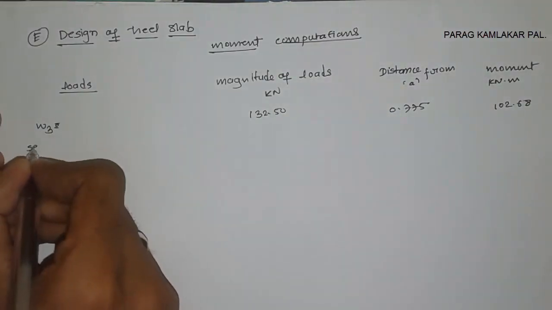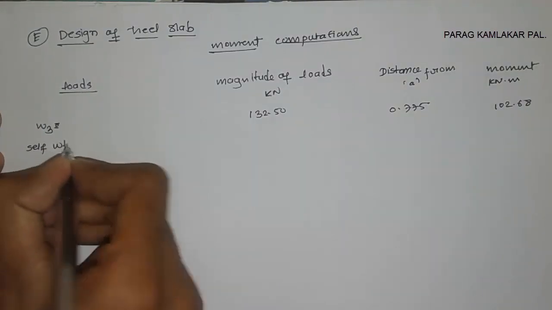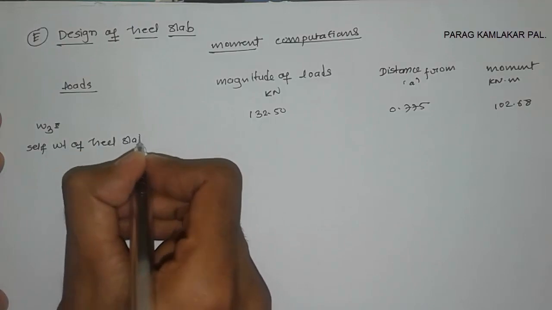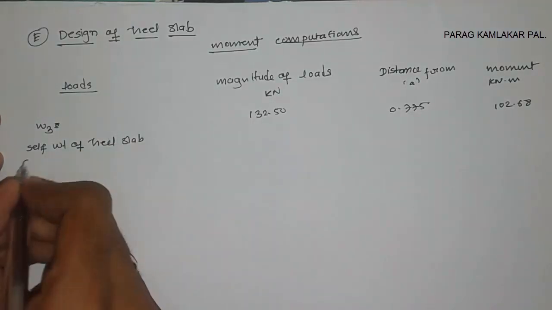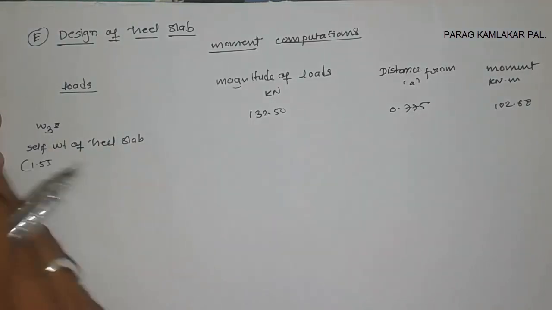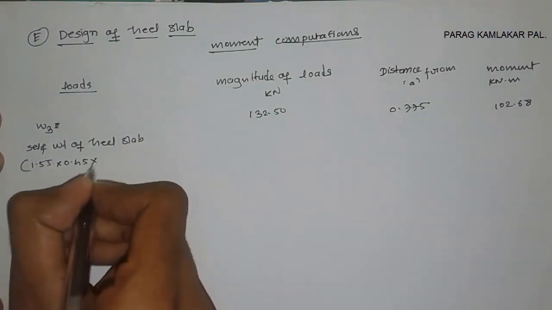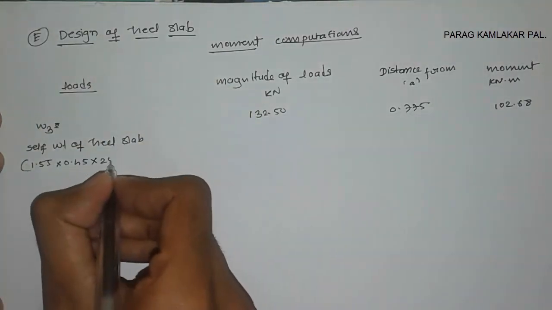What is the self weight of the heel slab? It is 1.55 as length, 0.45 as height, and 25 as density. Simple.